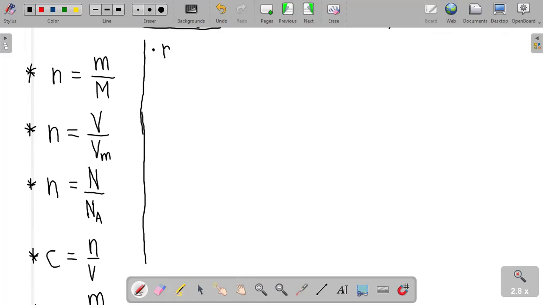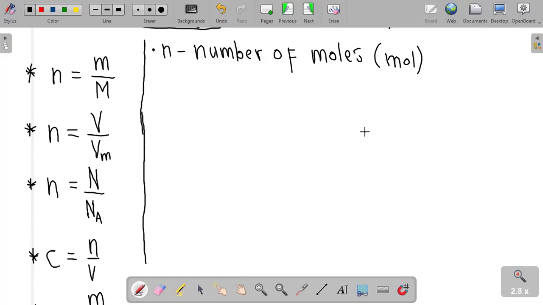We start with the small letter n, which represents what? Number of moles. And the unit of measurement is mol. Mole. So, number of moles.